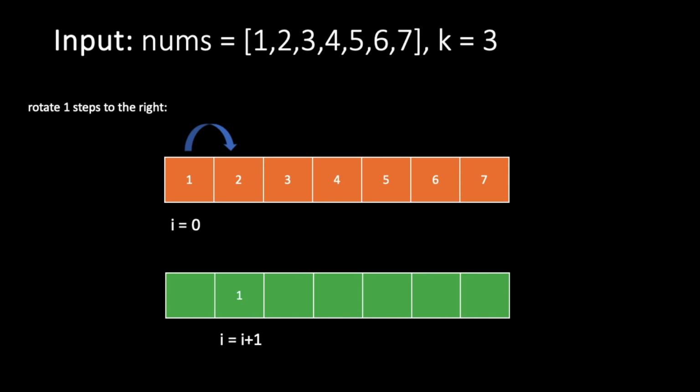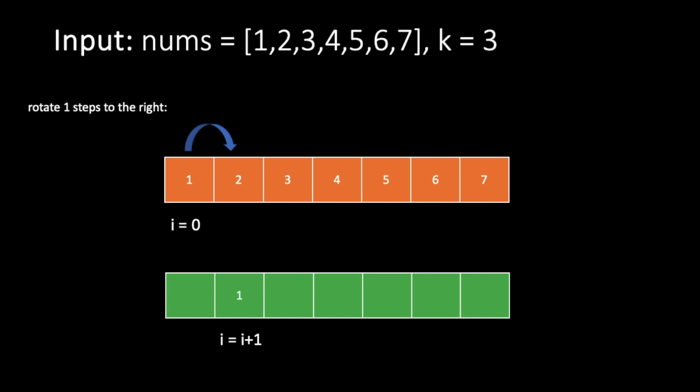So for example, i is at the zero index and the element stored at the zeroth index is 1. In order to rotate this array to the right side by one step, we will move this 1 to the second position, that is i plus 1. So the first element we rotated to the right side. Similarly we will rotate all the elements.